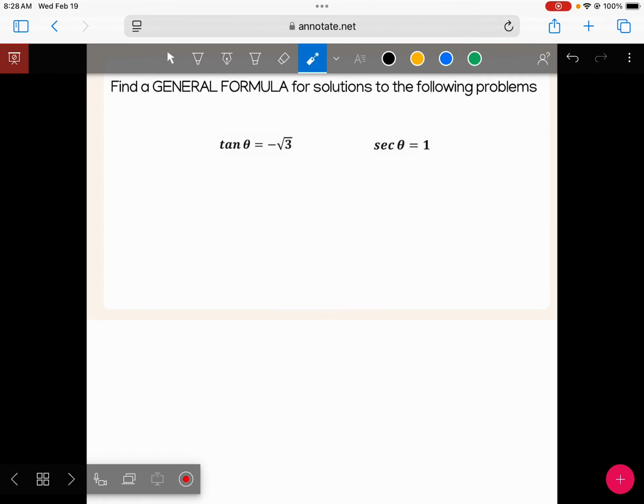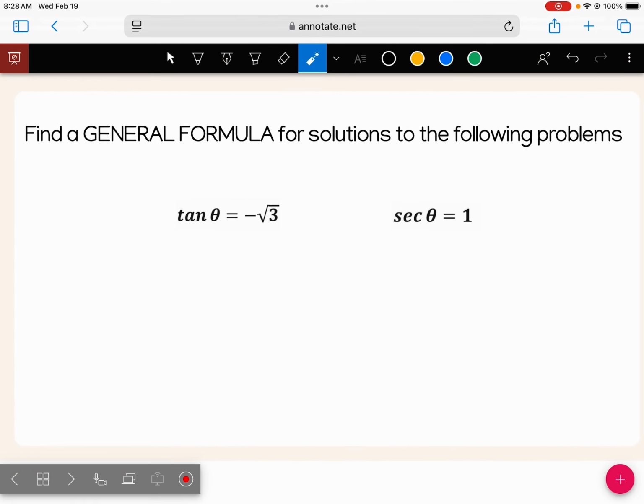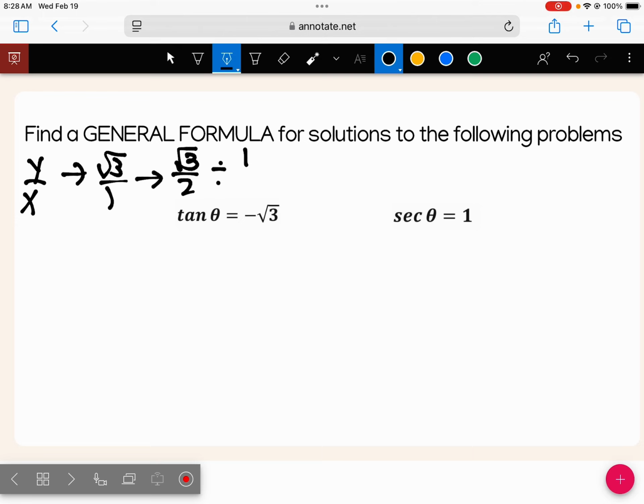So, moving on to these next two, we will look for a spot where tangent is equal to -√3. So tangent is y/x. So we figure it's coming from a √3/1. And then using our unit circle values, we know that that's a √3/2 over 1/2.